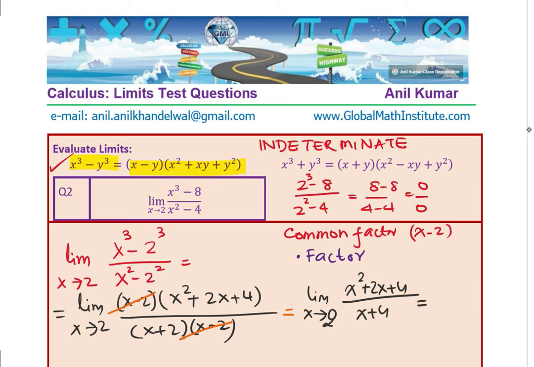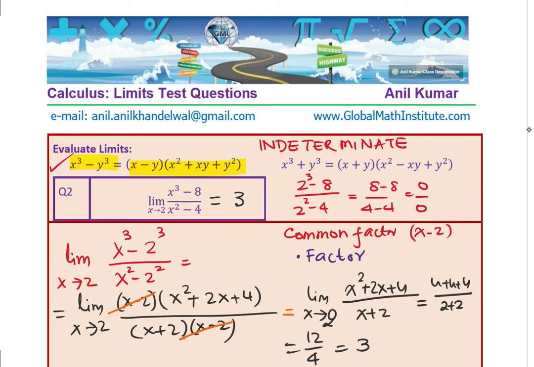So when you plug in 2 here, you get 4 plus 4 plus 4, divided by 2 plus 2, right? The factor which remains is x plus 2. Perfect. And that gives you the answer, 12 over 4, or just 3. And therefore, the limit of this is 3. Perfect. Very simple. Second question. We just moved across very fast. I hope it is absolutely clear.